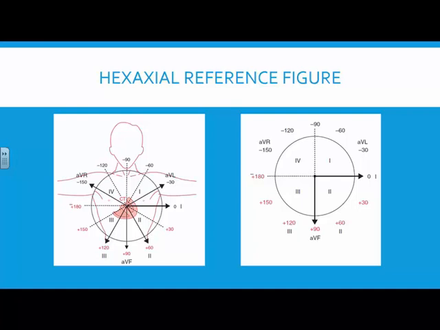Now, look at this. If I'm measuring from negative to positive, I'm taking a picture here. This is going to be just a rough picture. Got my heart, got my 4 quadrants. I'm taking a picture of the SA node to the AV node, down my interventricular septum, and all that.